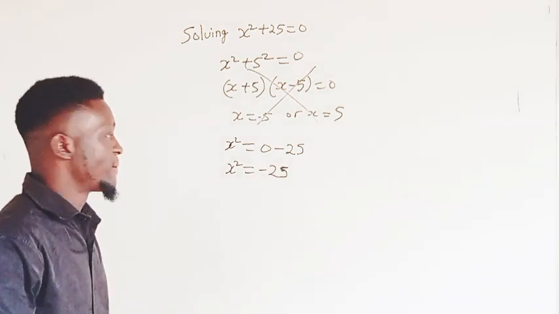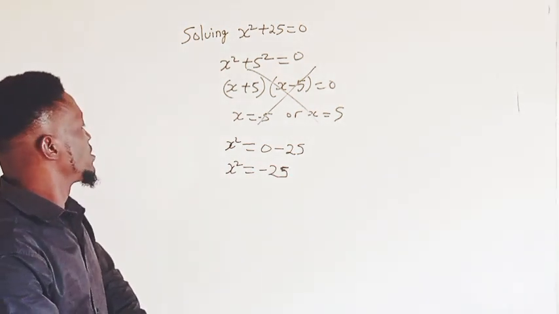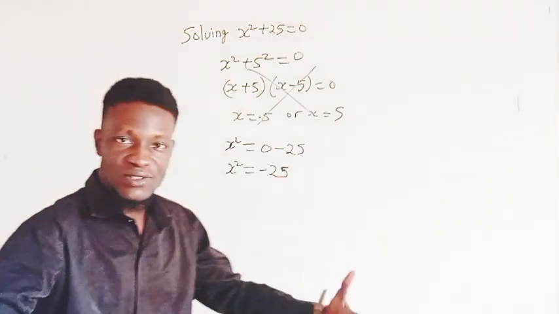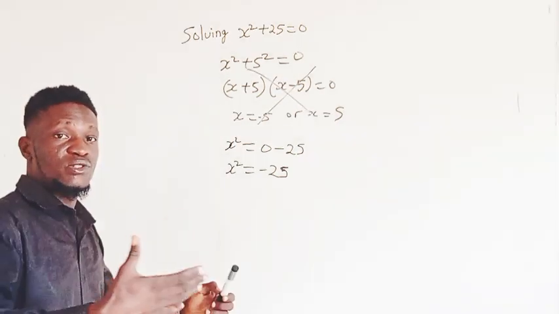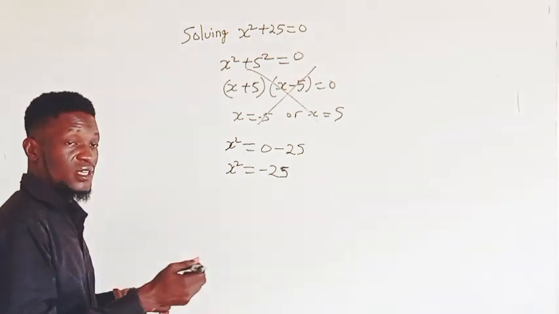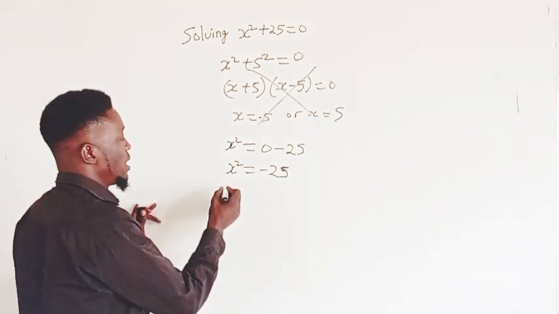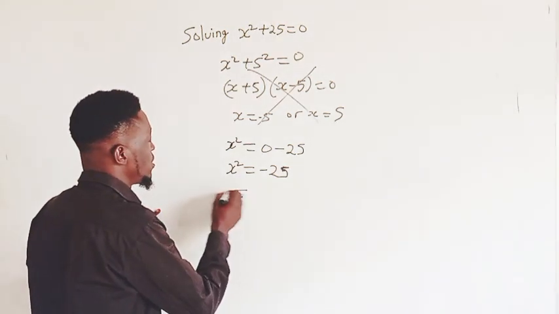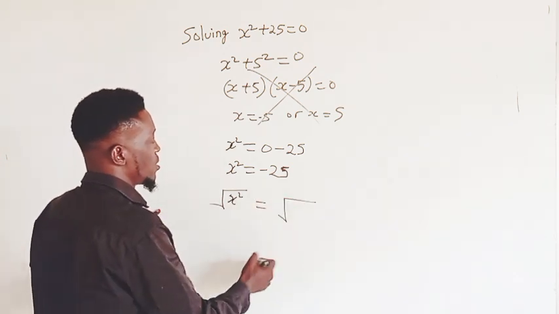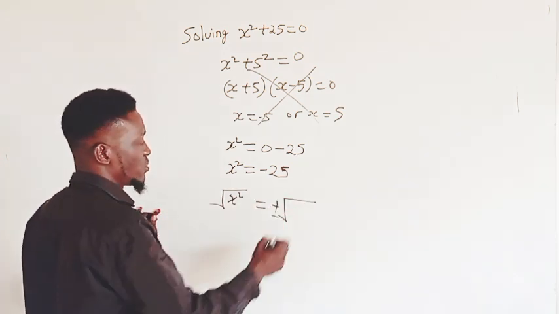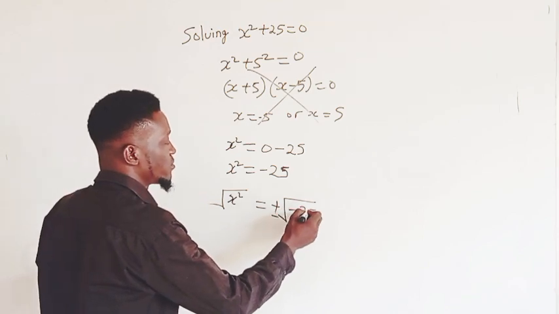Since we are told to find the value of x, I will take the square root of both sides. If I take the square root of both sides, we're going to have the square root of x squared is equal to the square root of minus 25, plus or minus.